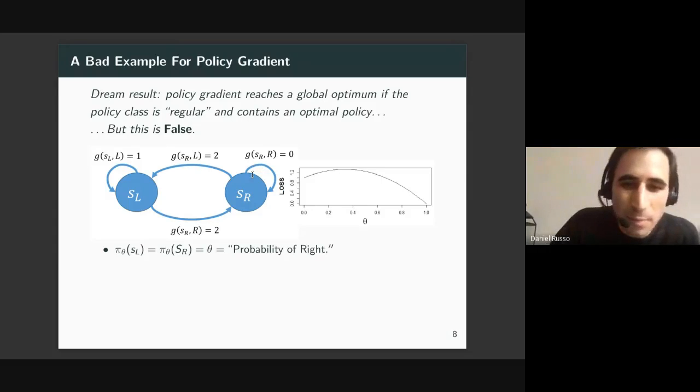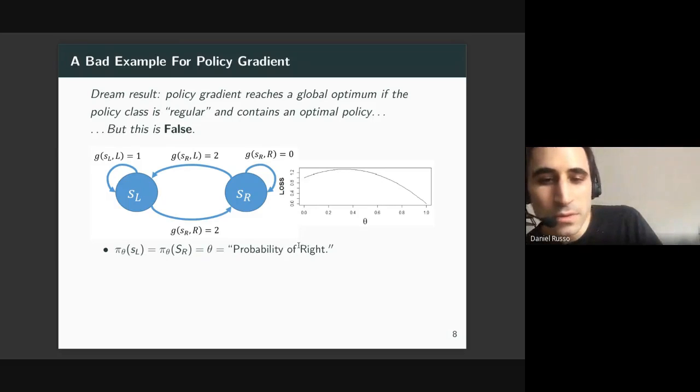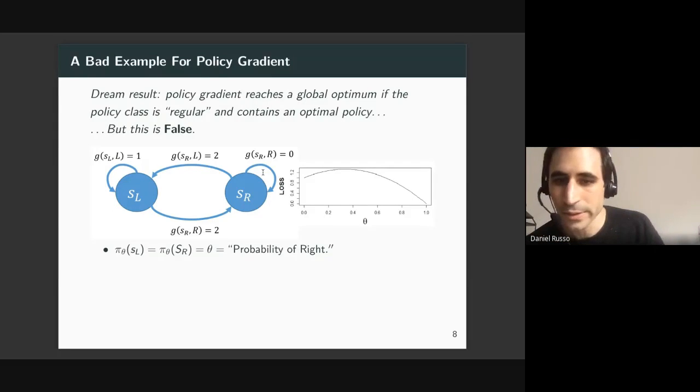The optimal policy is going to be to go right and stay right. But switching incurs a short-term energy cost that's greater than the cost of being in either state and staying put. So there's a cost 2 of switching states. The optimal policy, which is to go right always, whether in the left state or right state, and stay there, is optimal as long as the discount factor is moderately large.